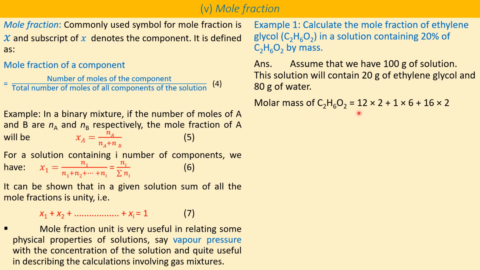The molar mass of C2H6O2 will be 2 into 12, because the atomic weight of carbon is 12, plus 1 into 6 for H6, plus O2 is 2 into 16. Simplifying, it becomes 62 grams per mole. So moles of C2H6O2 will be 20 divided by 62 grams per mole, which is equal to 0.322.